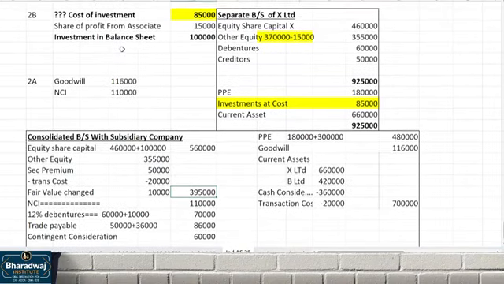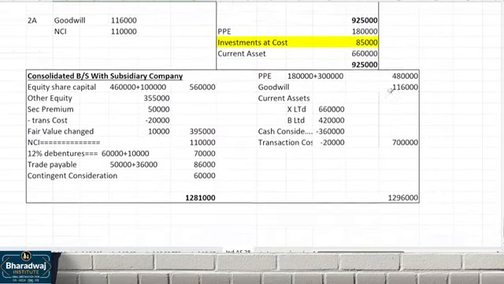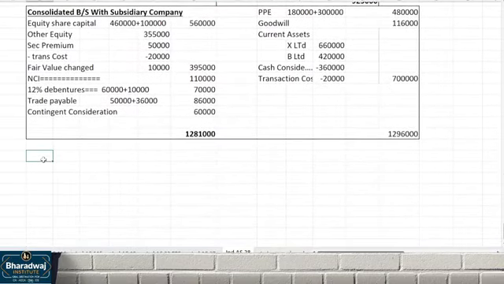Wait. What is the cost of investment? 85,000. Wait. For 2B we have to make a small change.